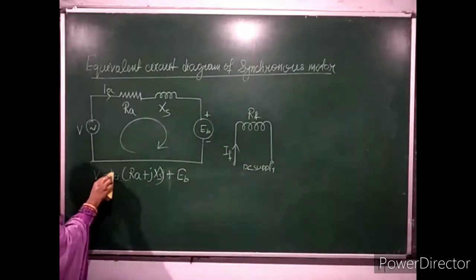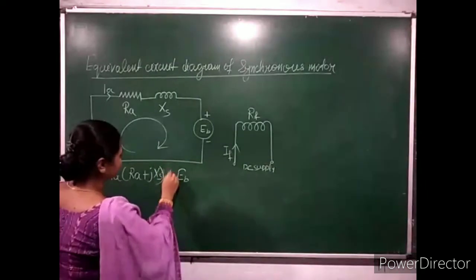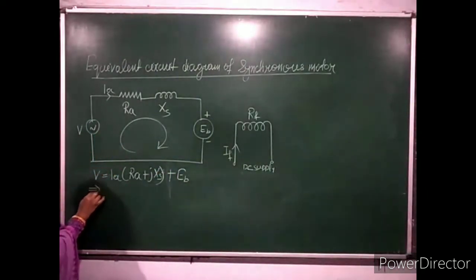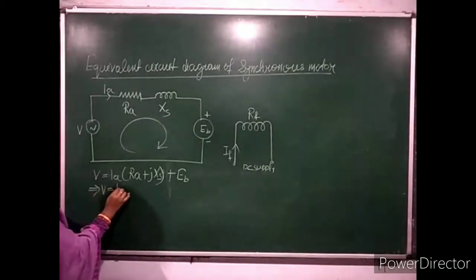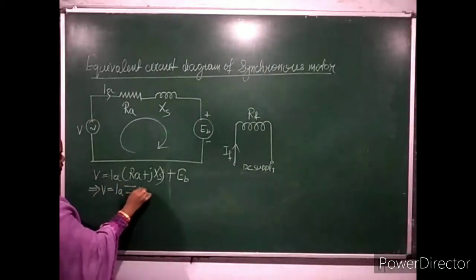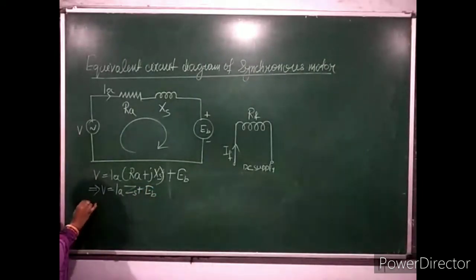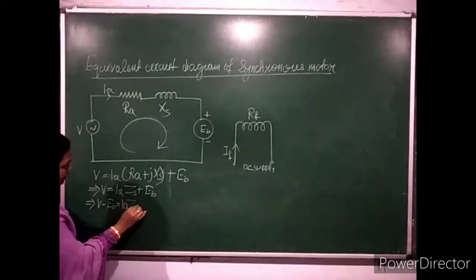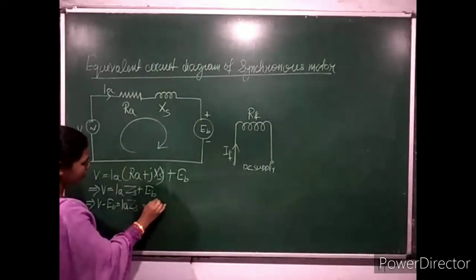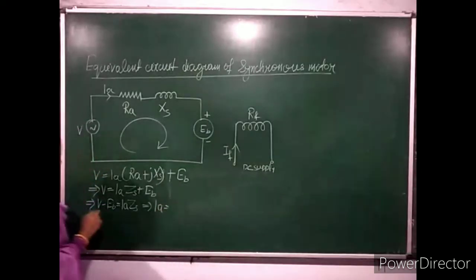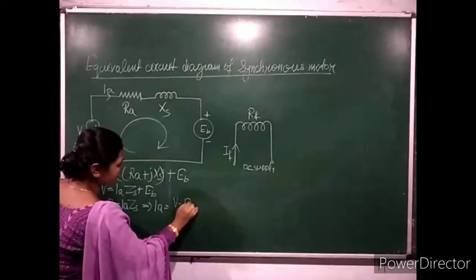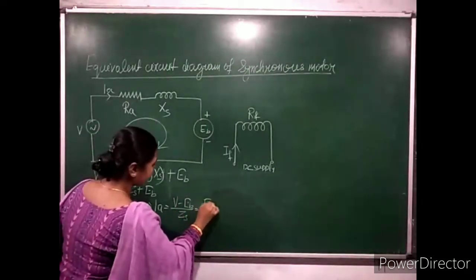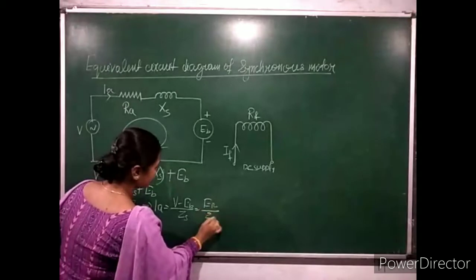As we discussed, for the motor this equation is also written as V equal to Ia Zs plus Eb, or V minus Eb equal to Ia Zs, or Ia equal to (V minus Eb), known as the resultant voltage, divided by Zs.